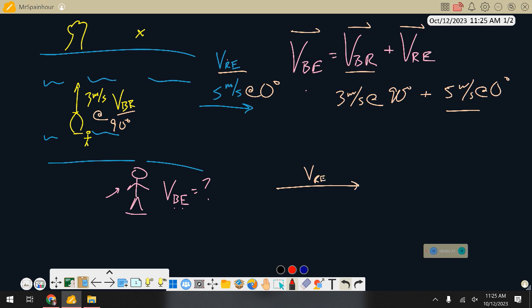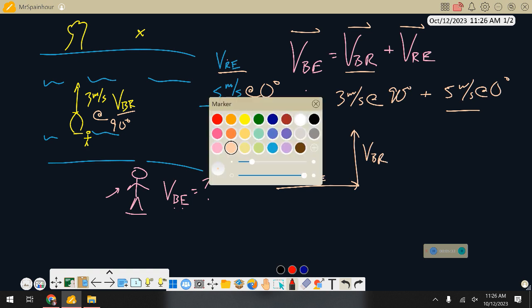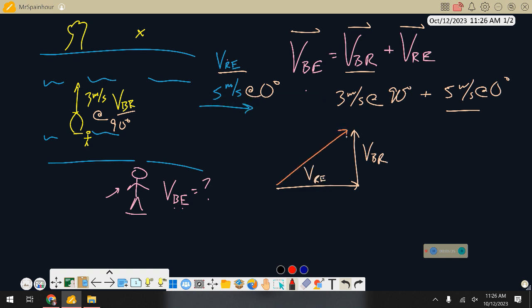And from the end, vector addition, we would go up because that's 3 meters per second. Oops, labeling it differently: velocity of boat compared to river. And the resultant is exactly what we said a second ago. We expect the boat to go up and right. So the boat goes up and right.